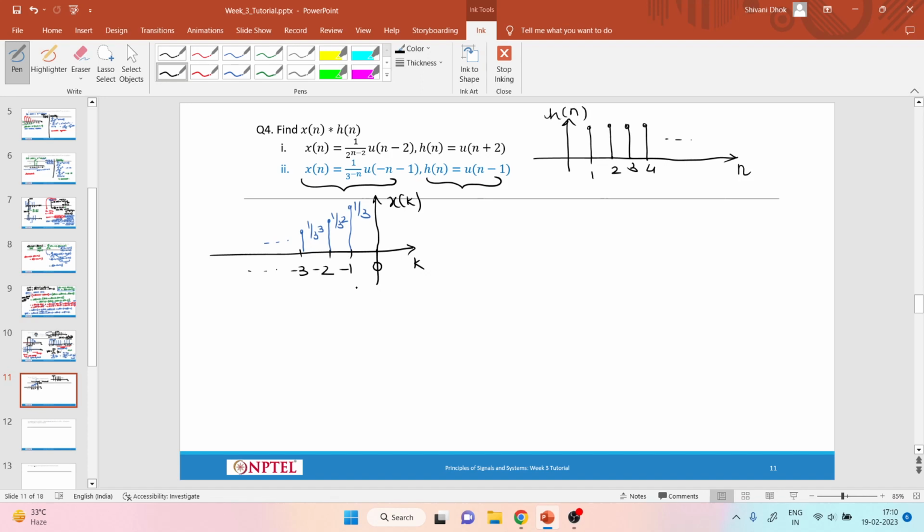Now let us look at h of minus k. That is the flipped version of this, like this. So it will basically start from minus 1, minus 2, minus 3, minus 4, and so on. And for all of these values, since I am flipping it, it will be like this.